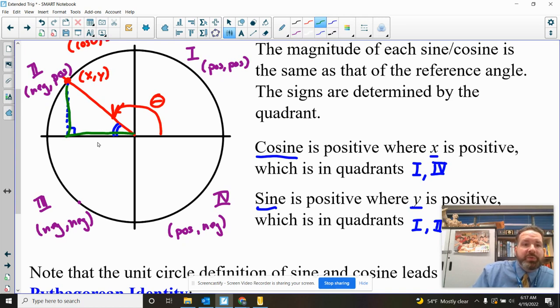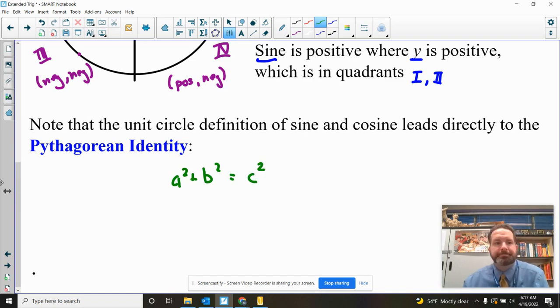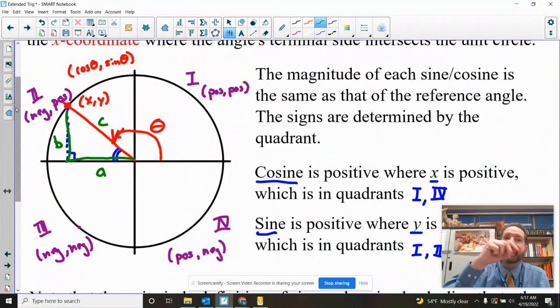We know that in a right triangle, a squared plus b squared equals c squared, right? Well, let's come down here and see what we've got. A squared plus b squared equals c squared. In the unit circle, though, the a, the b, and the c, well, those have very specific meanings. The a is the adjacent side length. That's my x value. Well, that's the cosine of the angle.